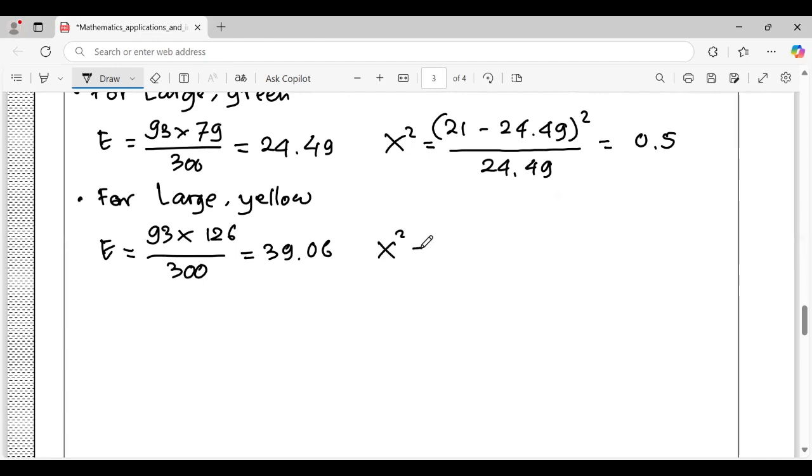And the chi-squared calculation, 26 minus 39.06 squared over 39.06, and the result is 4.37.